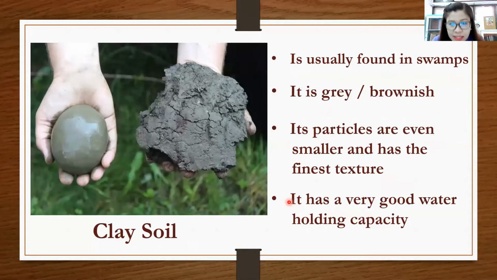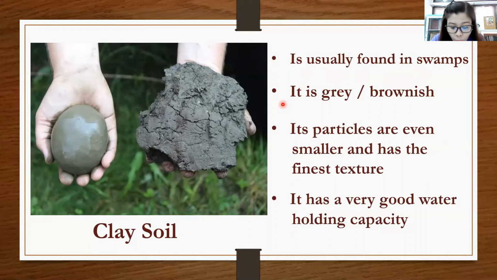Okay, next let's proceed to the clay soil. So clay soil is usually found in swamps. So clay in their natural state come in several ranges of color, so do not be confused.